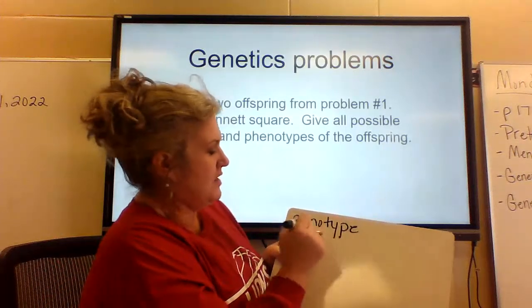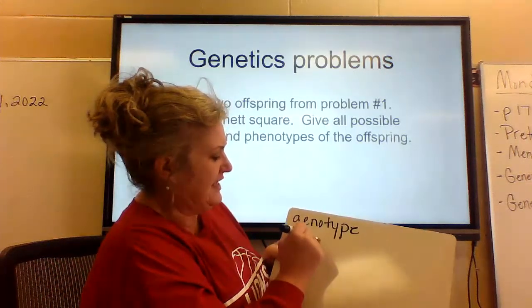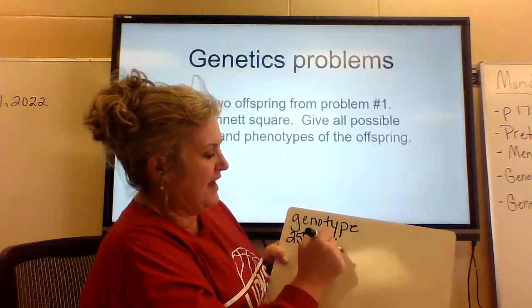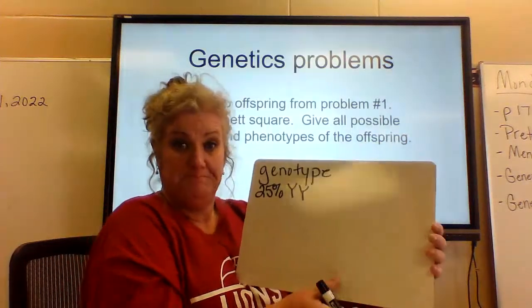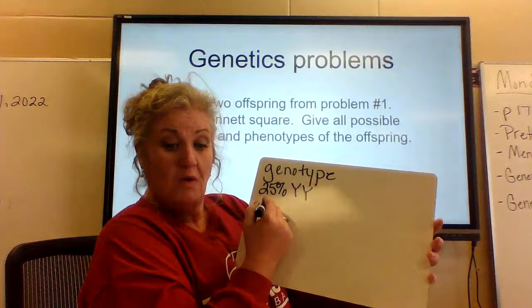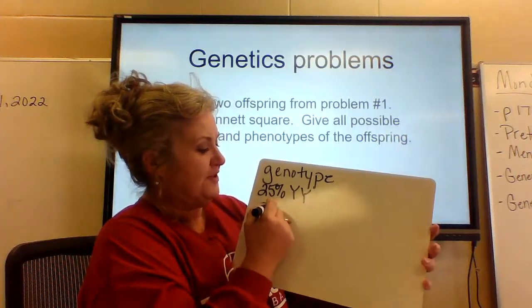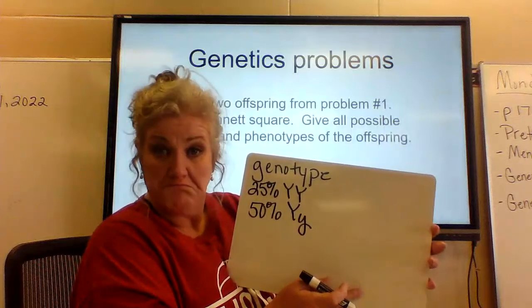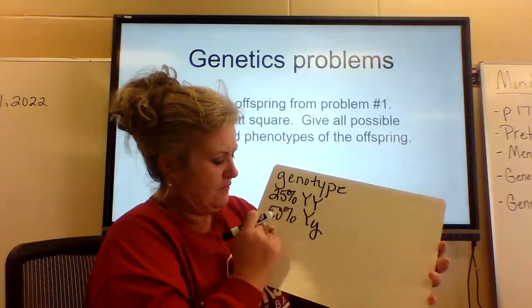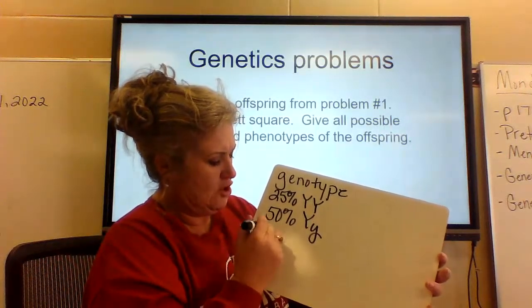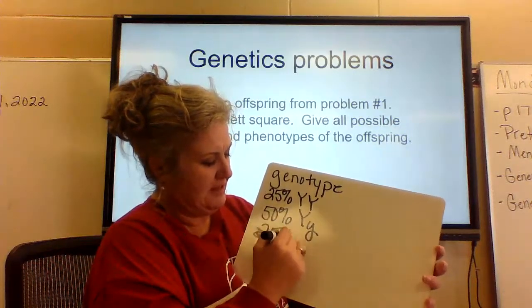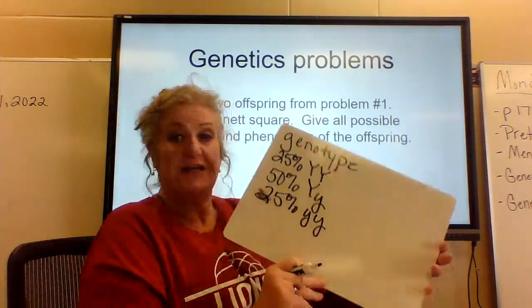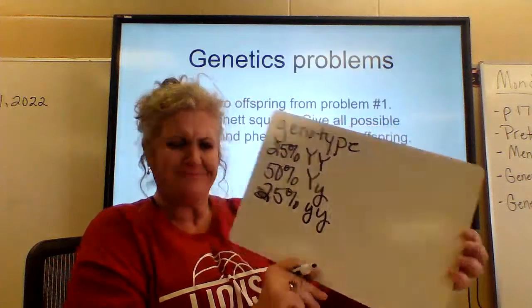Ratio, okay. All right, 25% big Y, big Y, and that's homozygous, isn't it? Okay. Oh, 50%. Each block is 25%, right? So 50% big Y, little y. And, Miss Brown made a mistake. 25% little y, little y. So that's your genotypes, right?